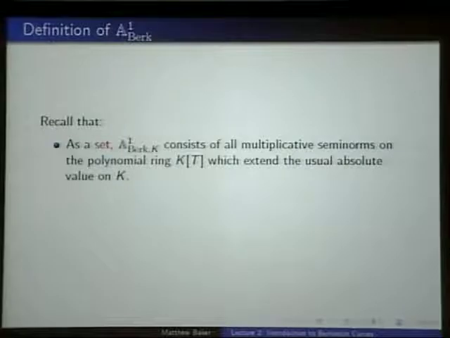One could also give a direct construction of the Berkovich unit disk by looking at multiplicative semi-norms on the Tate algebra in one variable, and then taking an increasing union of balls, as Brian did this morning, getting some sort of admissible covering of A1 Berk and gluing these together. But actually, there's this nice direct way to construct A1 Berk by just considering the polynomial ring. And it's a not 100% trivial exercise to see that these two definitions agree.